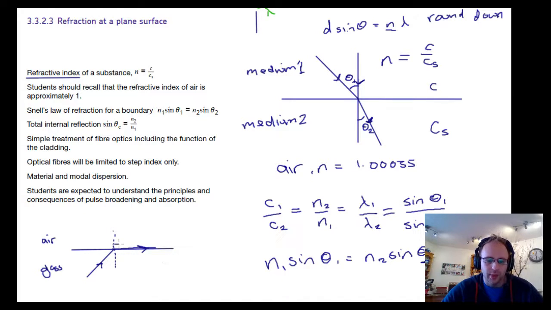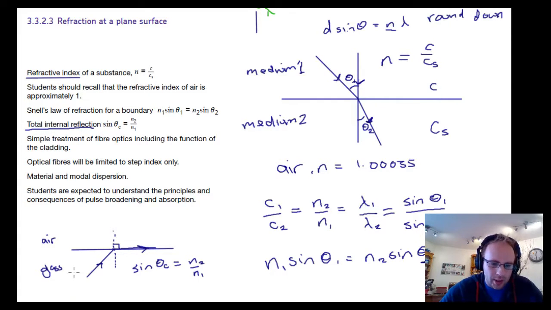So my angle of refraction is 90 degrees, in which case sine theta 2 becomes 1, and we've found the critical angle. So sine of the critical angle equals n2 over n1. If we go past the critical angle, we get total internal reflection.